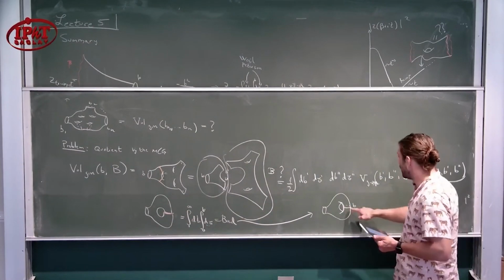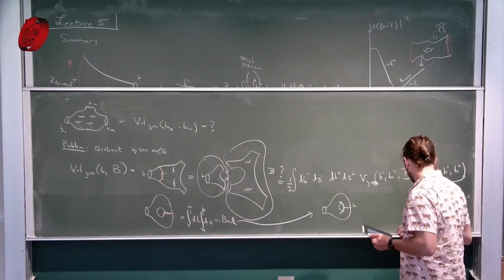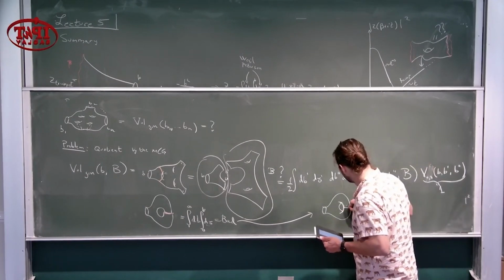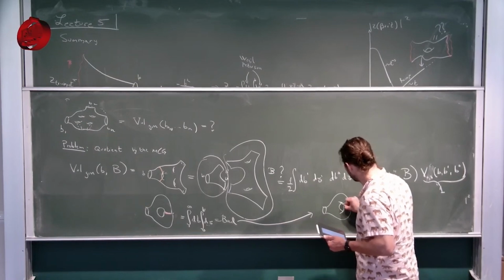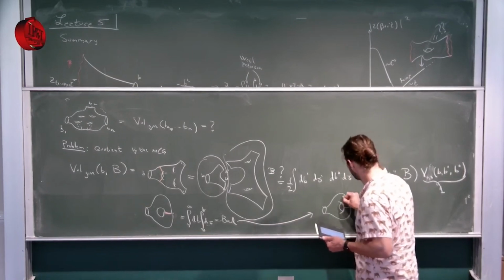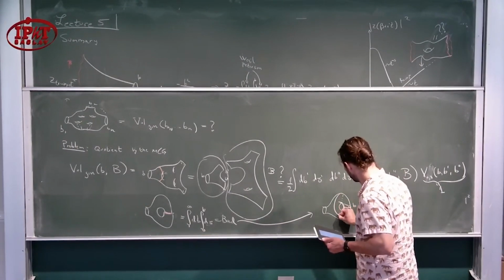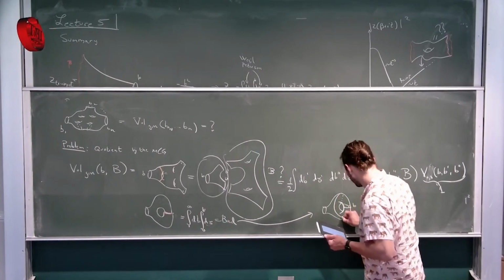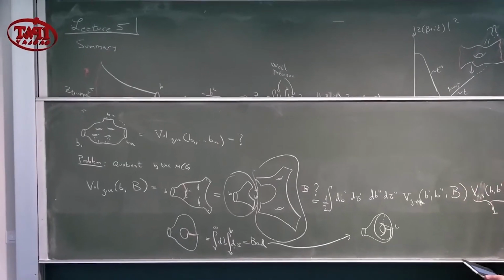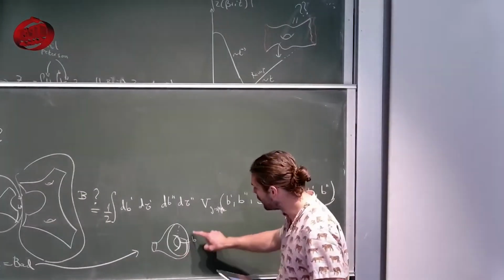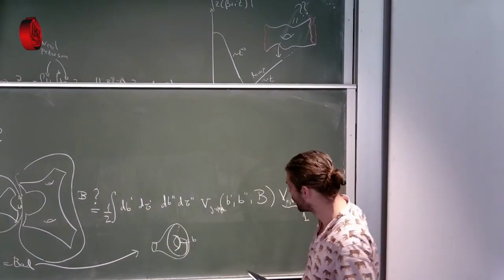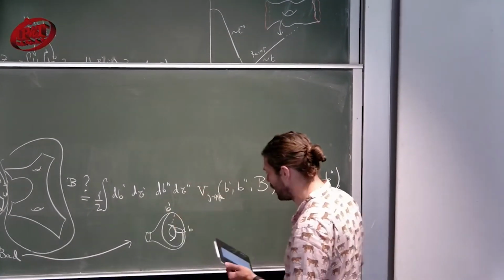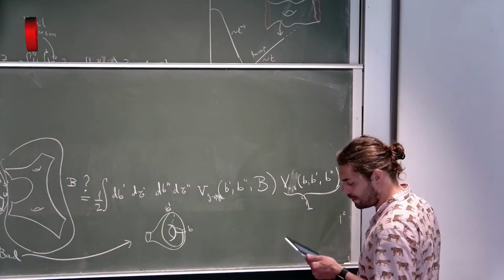Namely, we can look at a geodesic that wraps this cycle and another geodesic of length b prime that wraps both this cycle and this cycle once. So this is a length b prime. So this goes behind the dotted line, goes behind. Great.